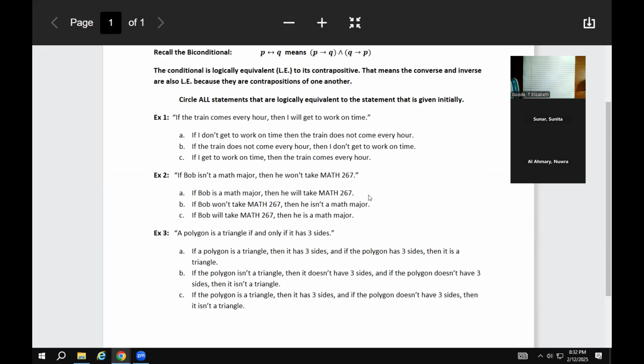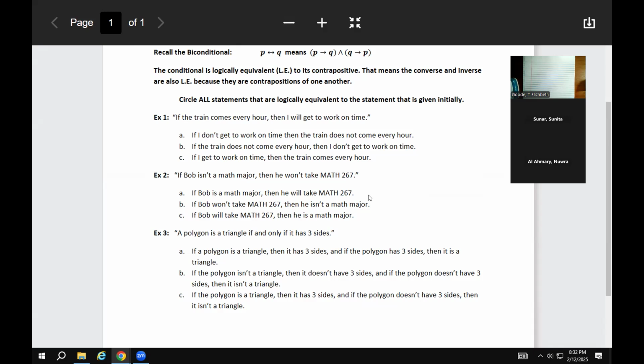So the letter C, I made that the contrapositive. It is the contrapositive of example two original. And E is the one that would be logically equivalent to the original in example two. That's right.